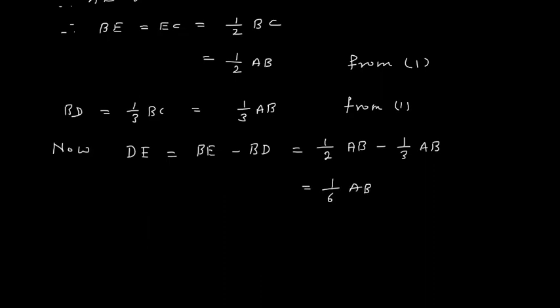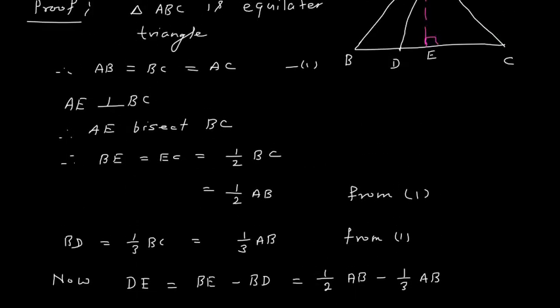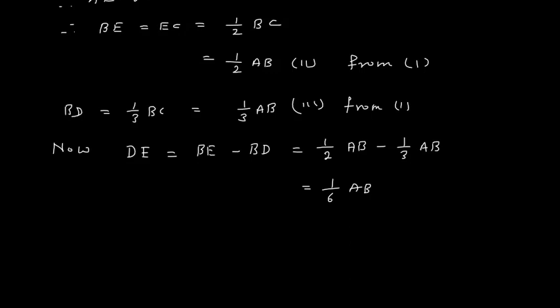So we have the value of DE and the value of BE. The value of BE, I will say, is equation 2. The value of BD, I will say, is equation 3, and the value of DE, I will say, is equation 4.